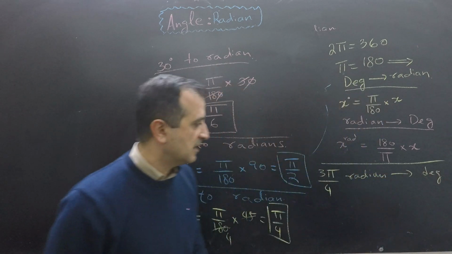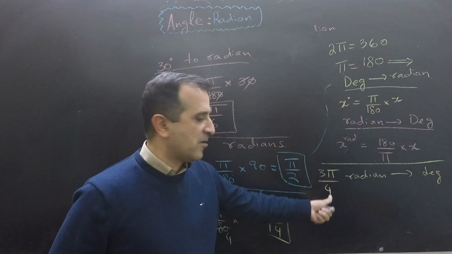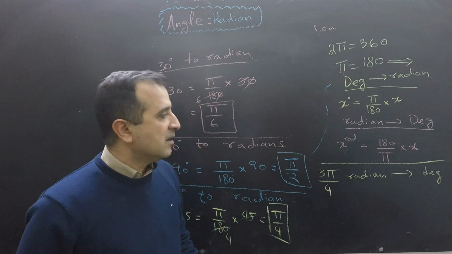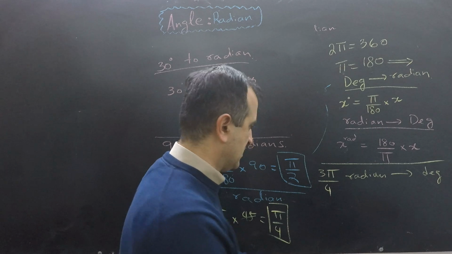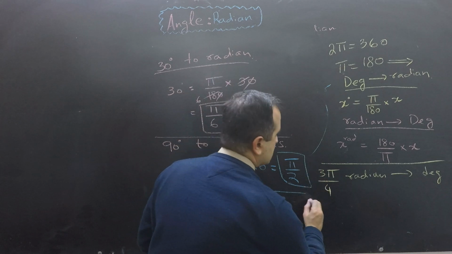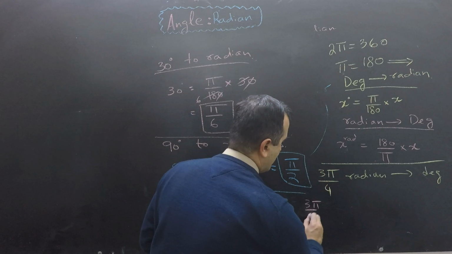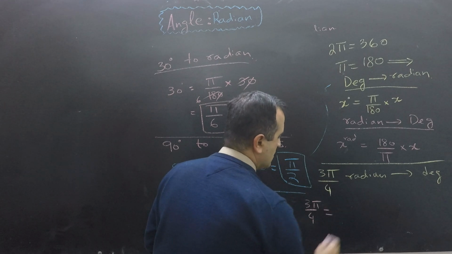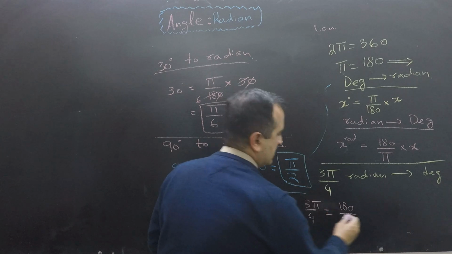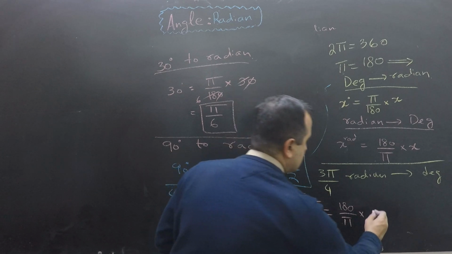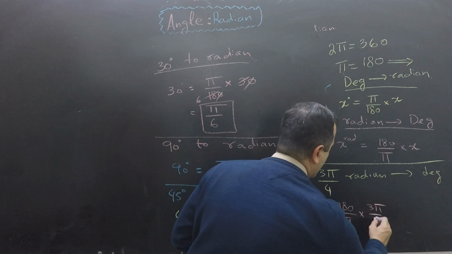Which formula are we going to use? The bottom one. We can derive these formulas ourselves. So 3 pi by 4 radians is equal to 180 divided by pi times x, where x is 3 pi by 4.